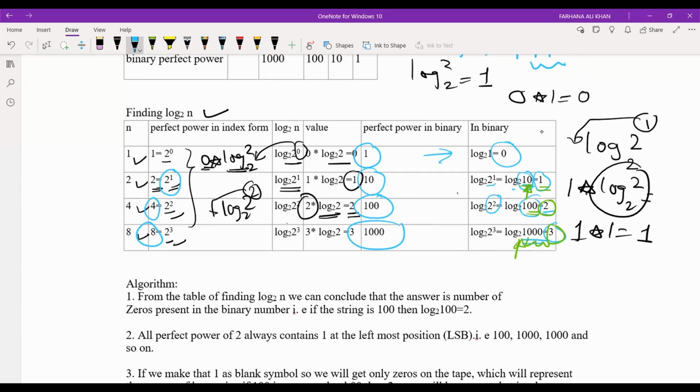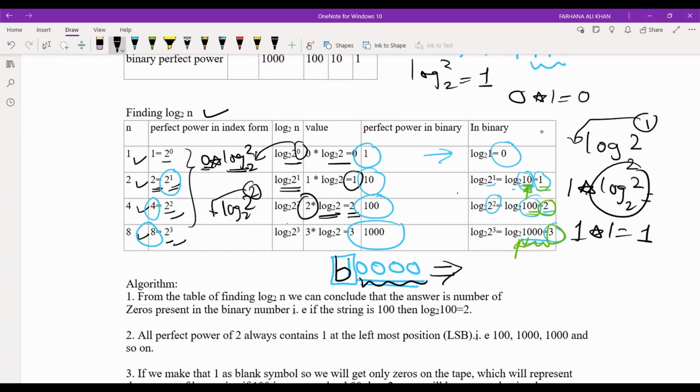So if you write a perfect power of 2, for example 16, the answer is simply the number of 0s. That means what is extra here? The number 1 is extra here. So what if we somehow make this 1 a blank symbol? Then we will get only the sequence of 0s. So that is your algorithm.